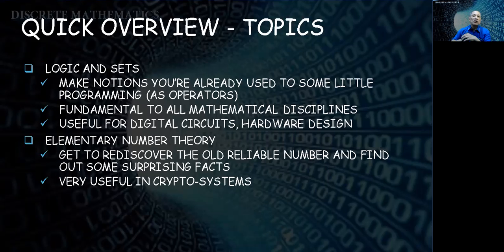All right, next is logic and sets. Of course, there are some sets, combinations of them. I just mentioned sets containing members according to their common characteristics. Yeah. So we don't make notions that we are already used to some little programming, of course.